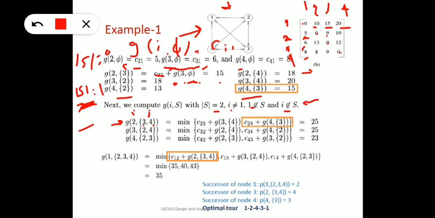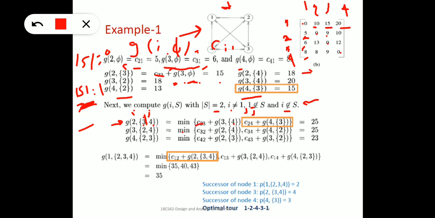So the equation now becomes the minimum of Cij, so C23 plus g of j's value, this time initially 3, comma set S minus j, so removing 3 you are left with 4. So the equation now becomes g of 3 comma 4, and the next term becomes C of ij, so i this time is still 2, j becomes 4, plus g of 4, 3.